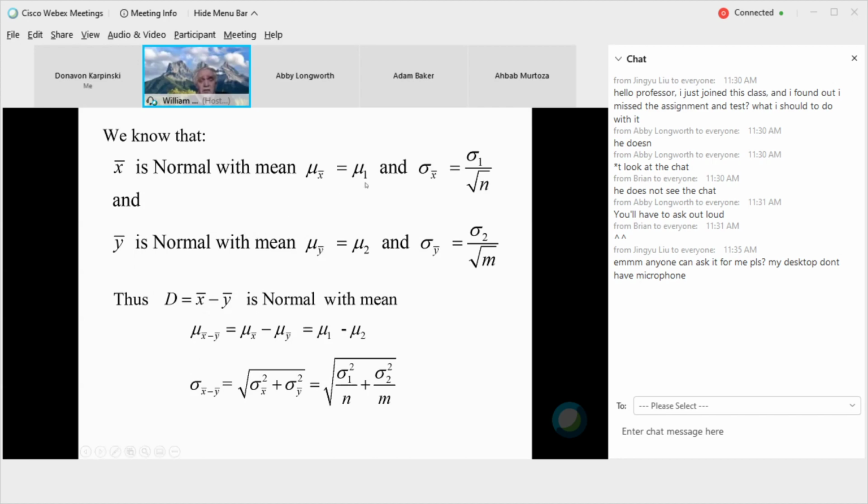That has a mean equal to mu X bar minus mu Y bar, mu1 minus mu2. And the standard deviation of X bar minus Y bar is the square root of the standard deviation of X bar squared plus the standard deviation of Y bar squared: the square root of sigma 1 squared over n plus sigma 2 squared over m.